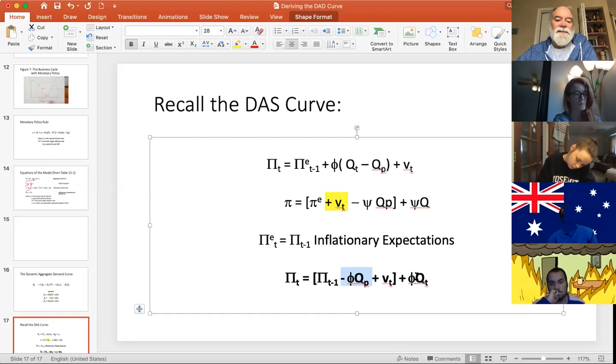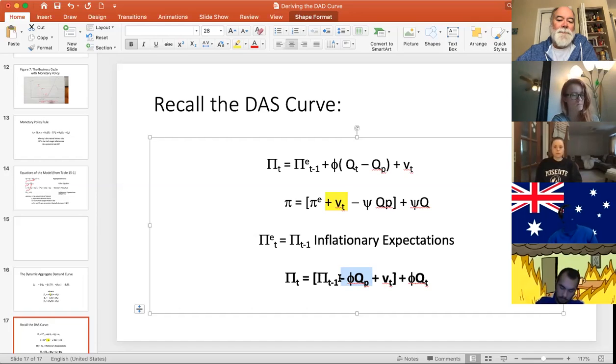What this is essentially saying is when GDP rises, everything else held constant, inflation goes up as well. Remember where it came from. It was Q T minus Q sub P. So what we're saying is GDP is rising above potential, which is causing inflationary pressure.